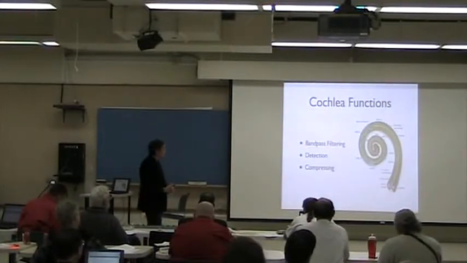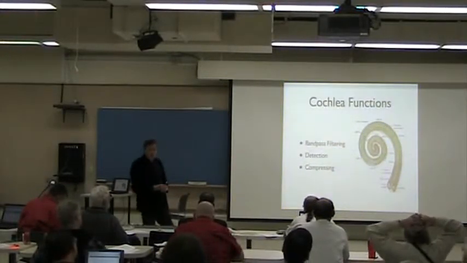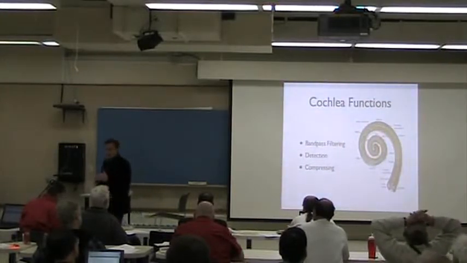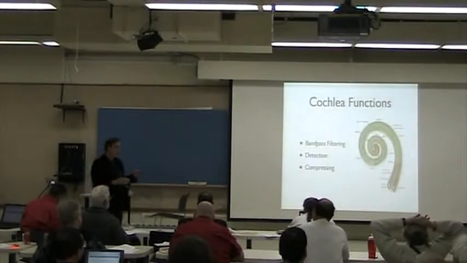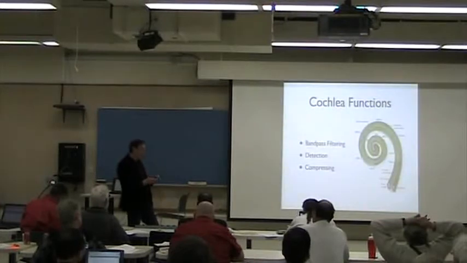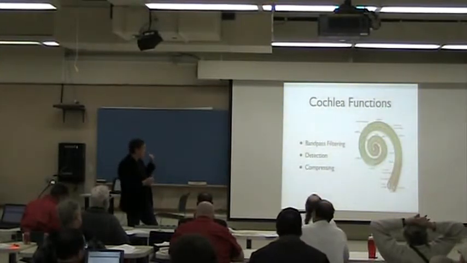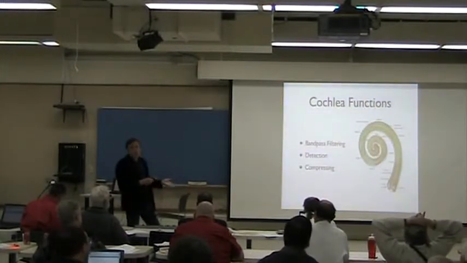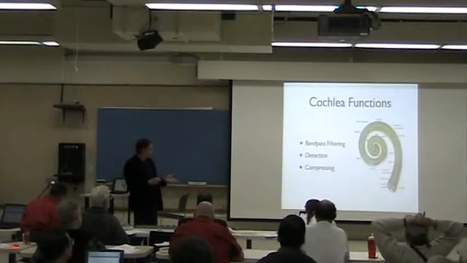The other function the cochlea does is detection. Detection is understanding how loud each frequency is. It's very similar to radio detection, when we use a diode to understand the envelope of the signal. So detection is figuring out the envelope or the magnitude of the signal, how loud it is.